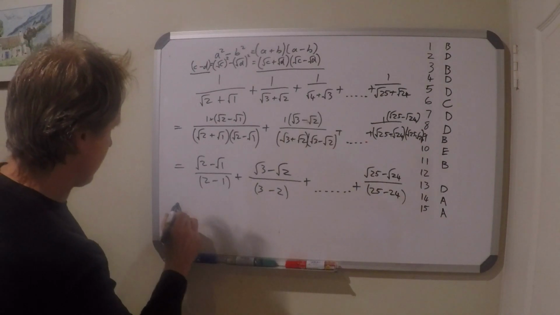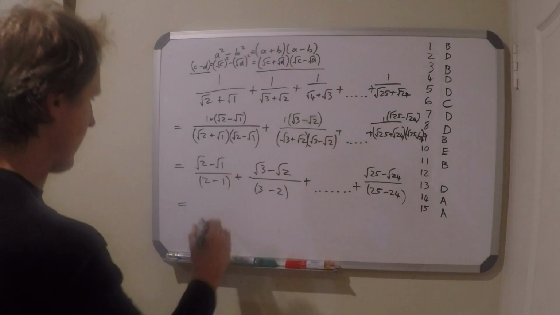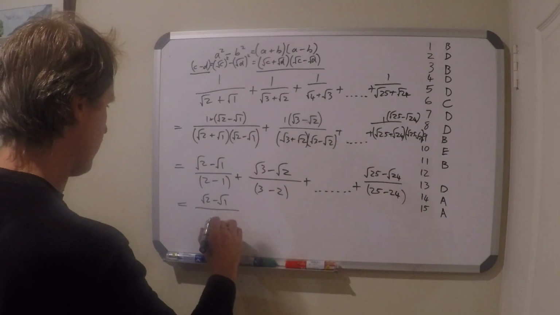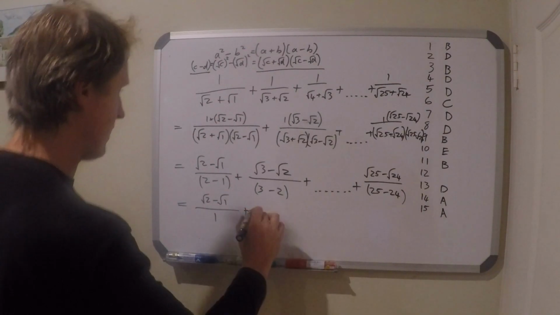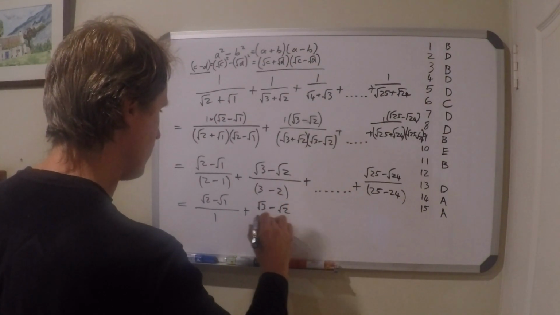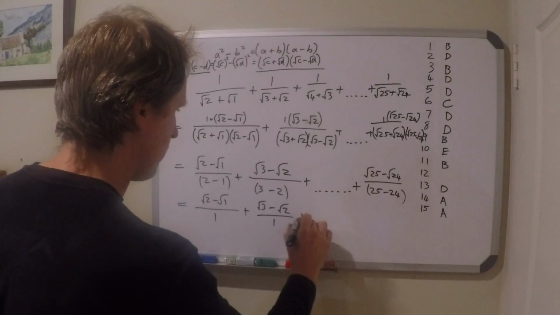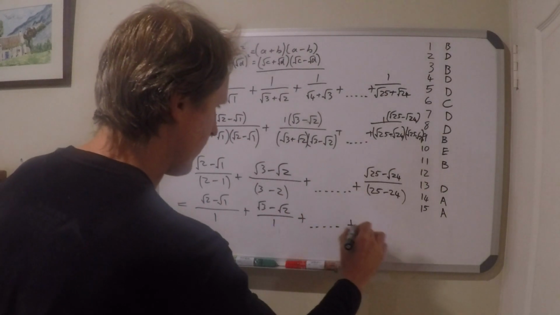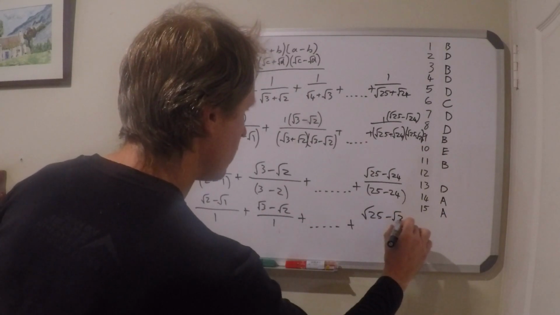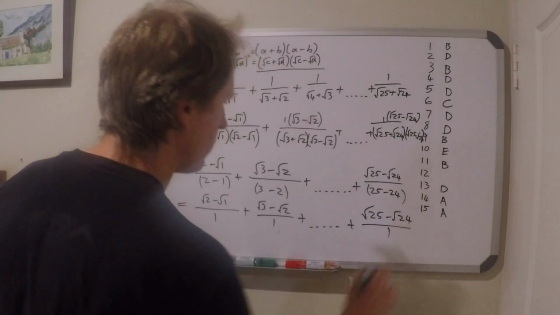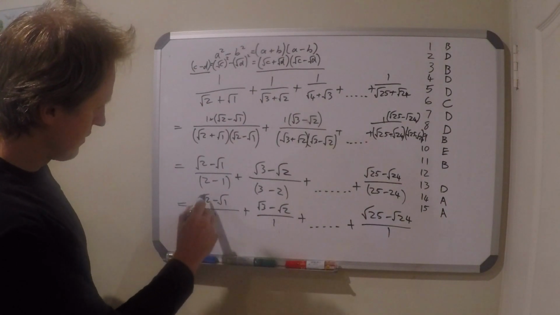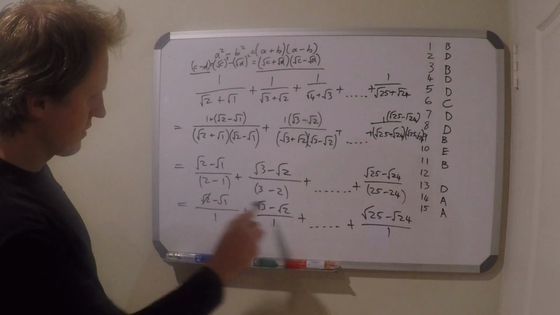Okay, and now if we simplify that, I'm going to get root 2 minus root 1 over 1 plus root 3 minus root 2 over 1 plus, eventually plus root 25 minus root 24 over 1. And you can see that that square root is going to cancel.